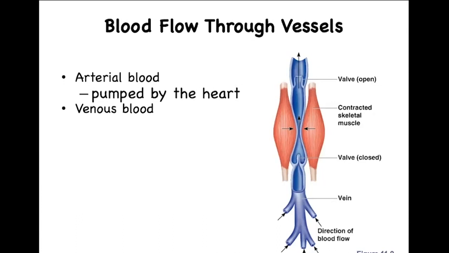And by the time you got to the venular end, it had dropped to 17 millimeters of mercury. When you get to the inferior and the superior vena cava of the systemic circuit, the blood pressure is about 0 millimeters of mercury. In the veins, you don't have a significant pressure gradient, which means that you're going to have to use some other mechanisms to help return the blood back to the heart.